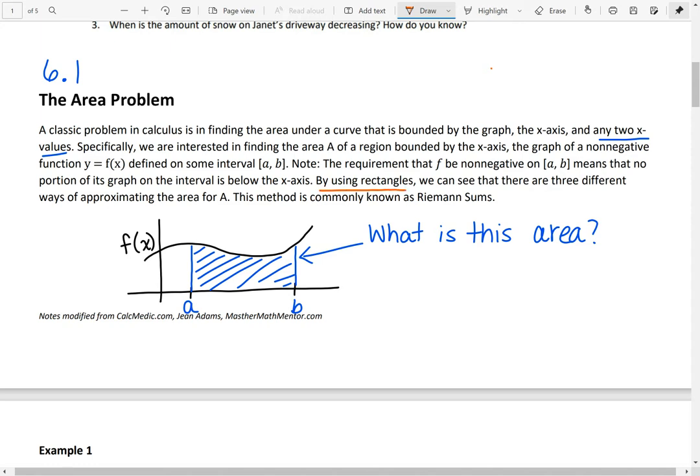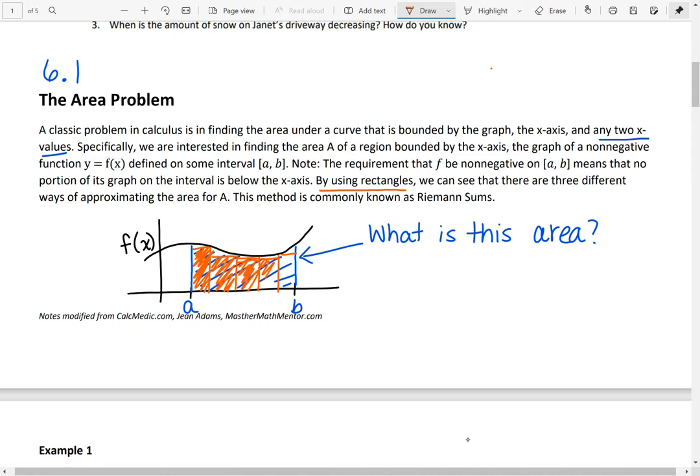I don't know the area of this curvy region, but if I divide it into a set of rectangles that get as close to the top of the curve as I can, then I might be able to come up with a good estimate of the area under that curve.